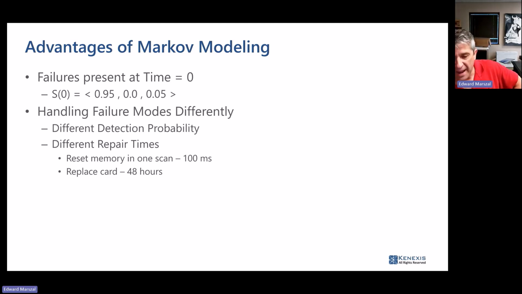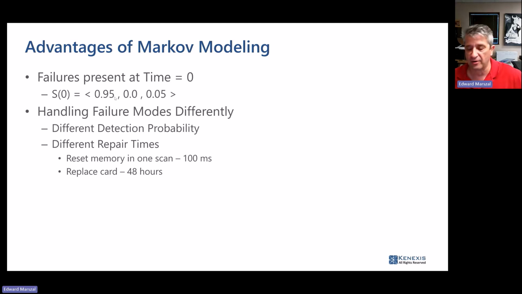Well, making the discussion very succinct, you may want to use a Markov model if you have a complex situation that you don't have an equation for.